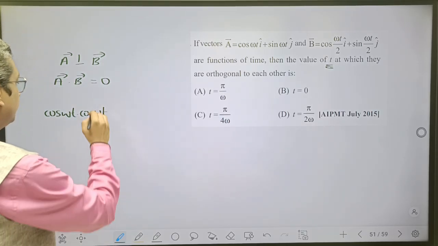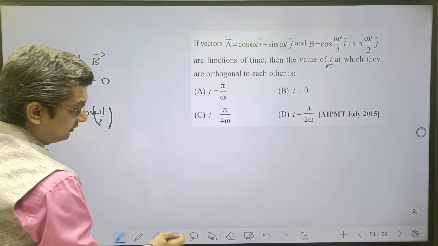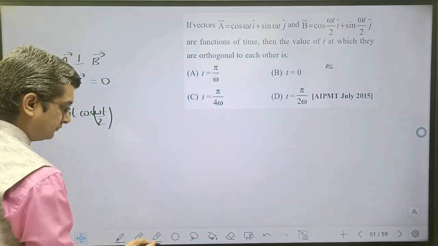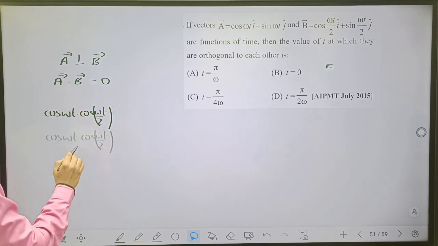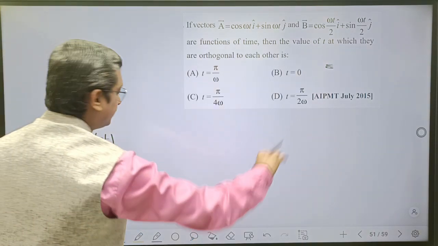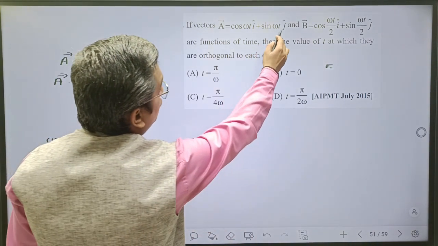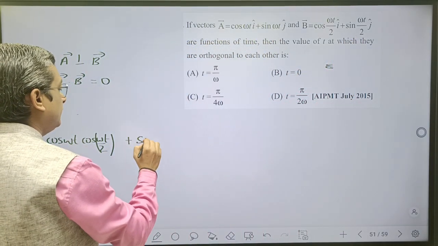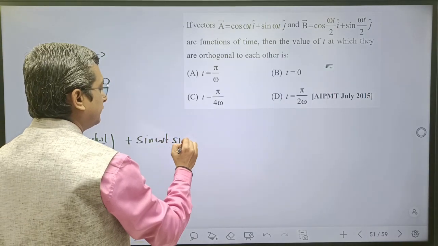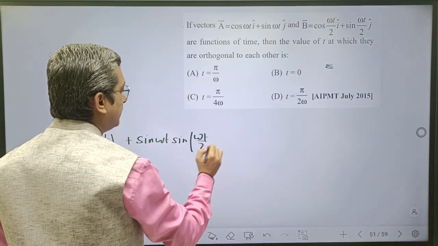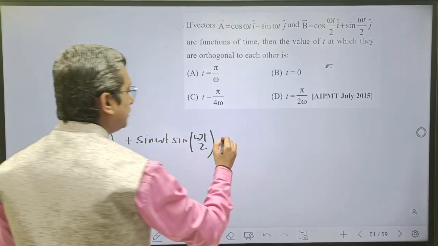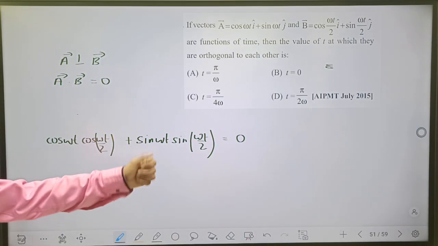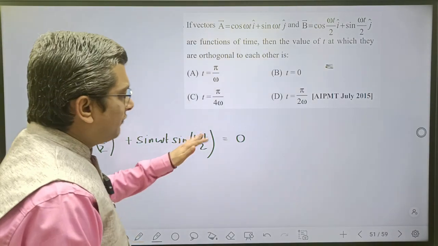Second, the j cap coefficient is sin omega t here and sin omega t by 2 there. So this will be sin omega t into sin omega t by 2. And this must be equal to 0 because the dot product is given as 0. And we have to find the value of t.